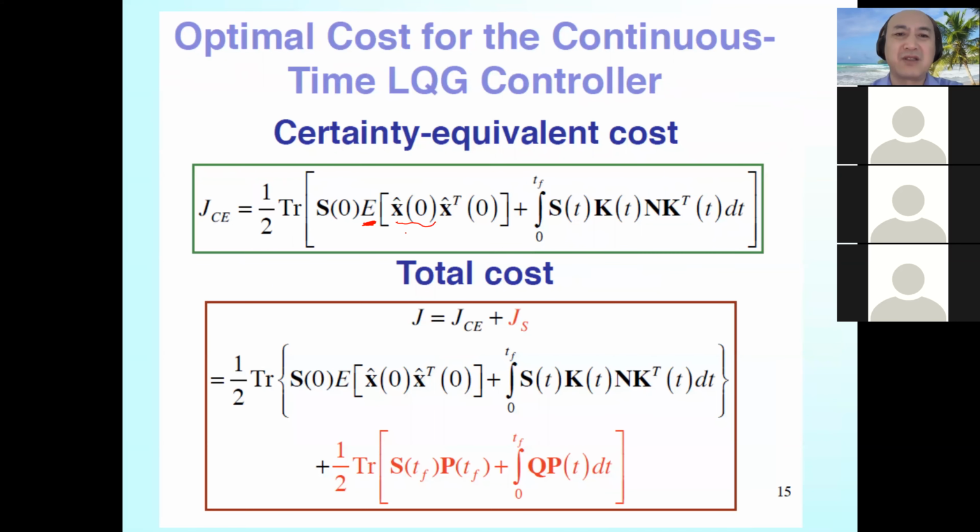Okay, this is the variance. You have the squared variance, and you also have the integration of S, which is already computed. K is also computed. N is given. So this can be obtained. And be careful here, we have a trace.